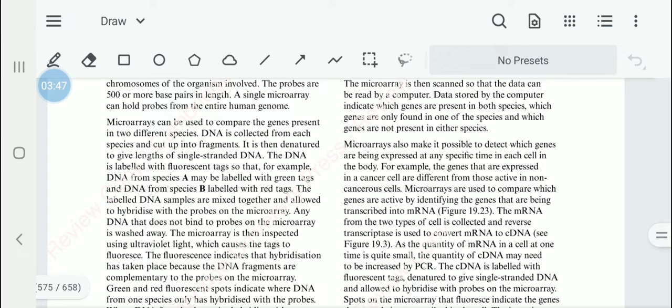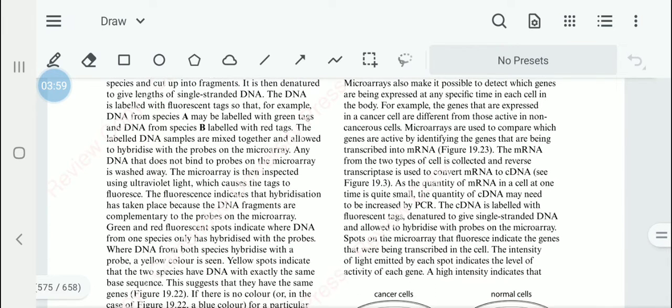Then we need to inspect using ultraviolet light. This microarray will have all the sequences of DNA in it. If the samples contain these genes or DNA, then we will know when they combine.